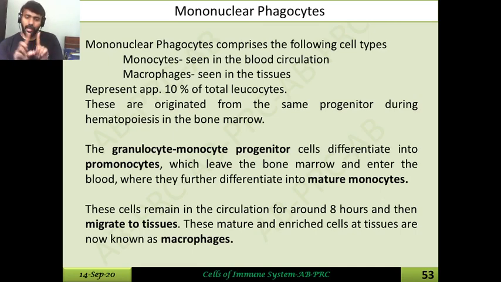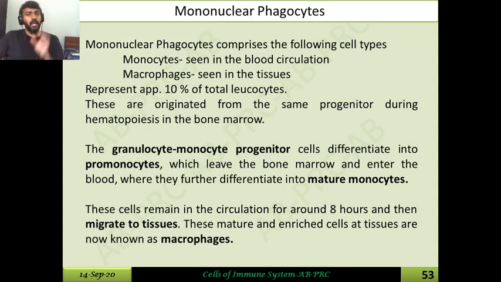When they migrate from the blood into the tissues, they undergo certain transformation, and these transformed, more mature, more developed cells are what we call macrophages. Clear? So these are nothing but the same cells.